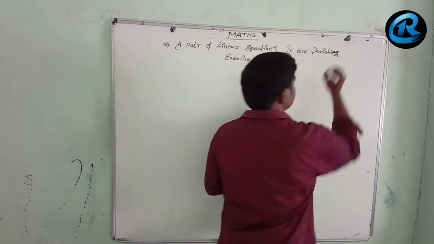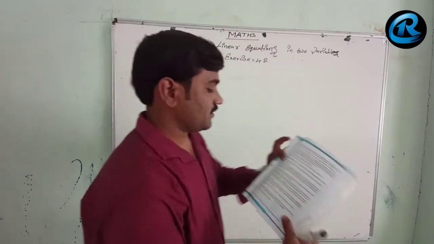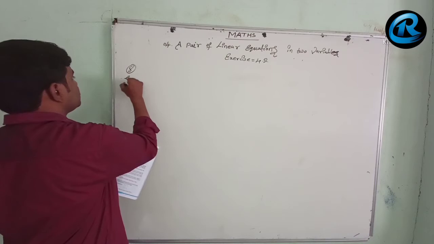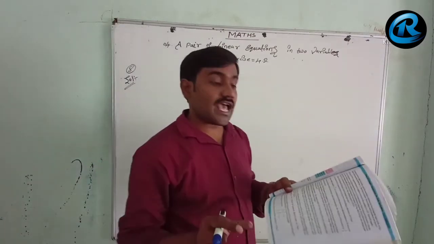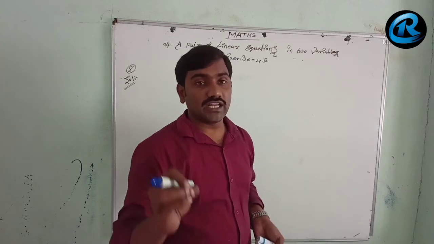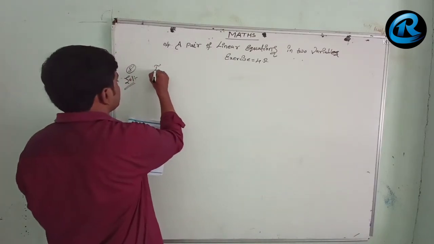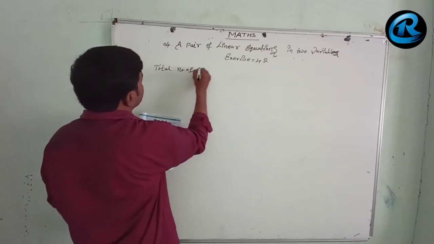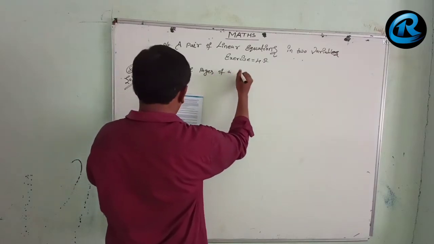Now let us complete this. We go for question number 8. Very easy one. A dictionary has a total of 1382 pages.